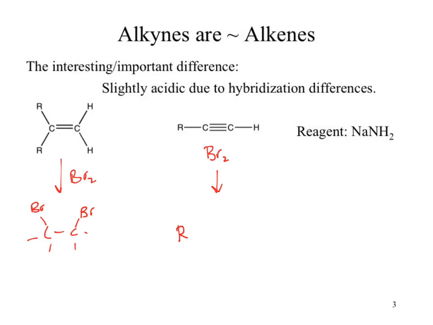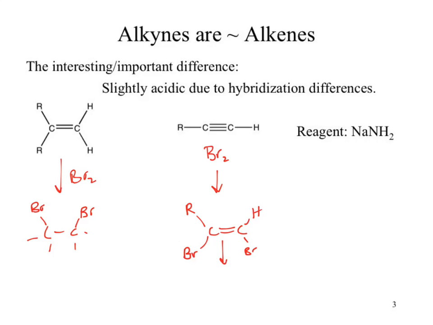What's going to happen with the alkyne? Same thing. The exact same thing. So we'll get rid of one of those pi bonds, put on our R group, and put on a bromine across both sides. But now what functional group do we have? An alkene. What do alkenes do in the presence of bromine?